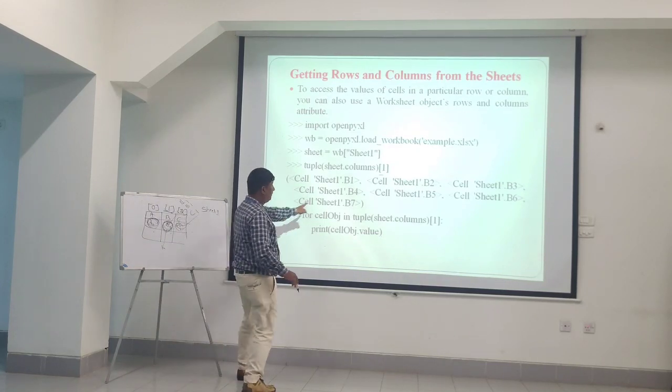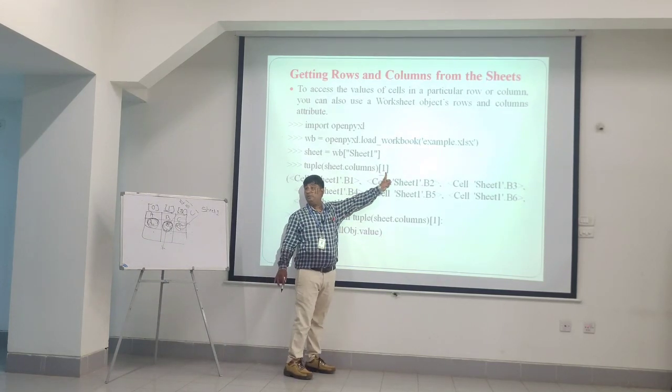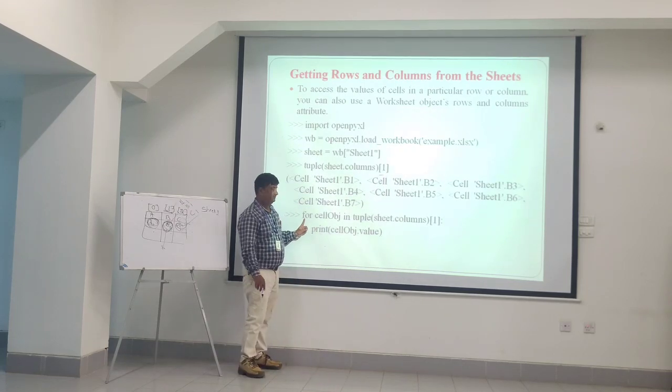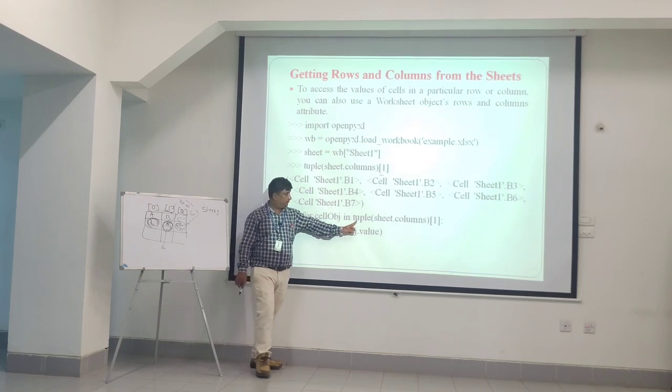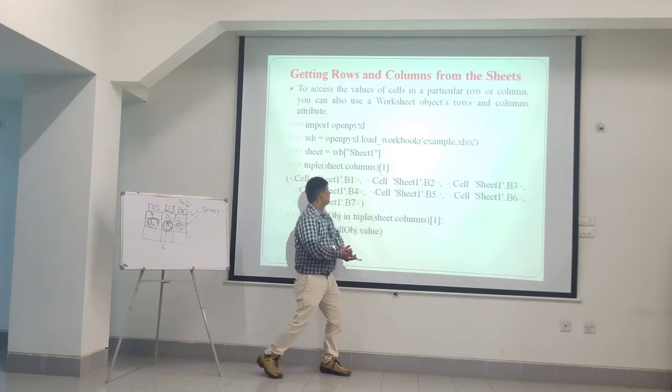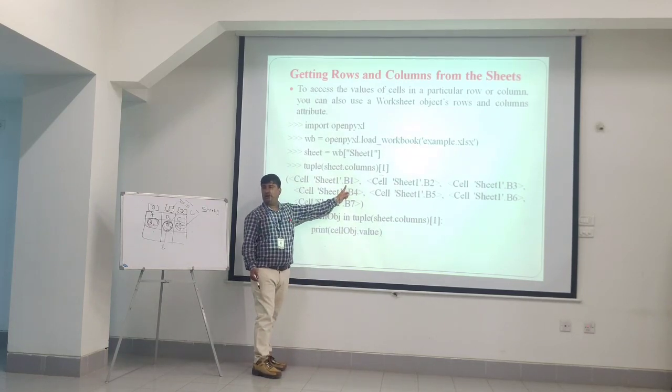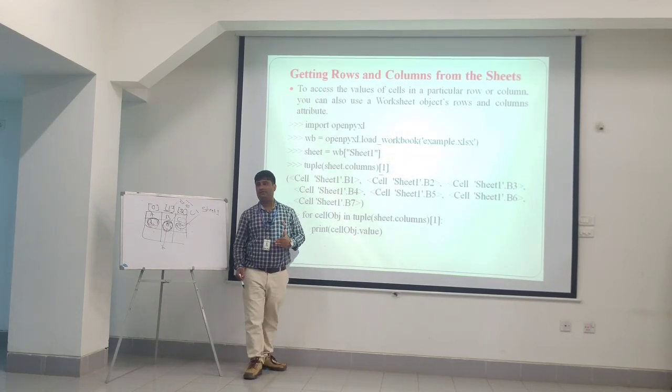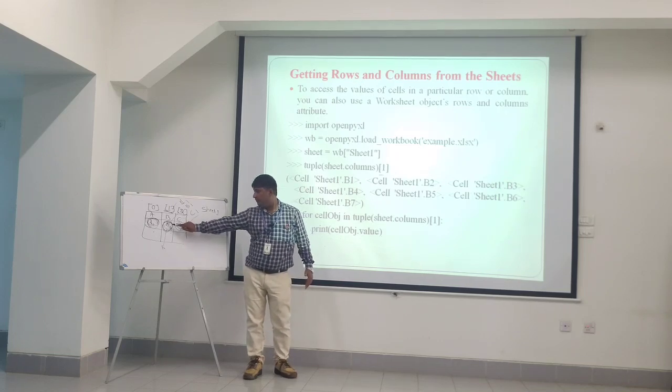Now I am reading the information of which column? 1 means B column. Next, for cell object in tuple, sheet dot columns of 1. What is the columns of 1 first value? B1. What cells are taken?